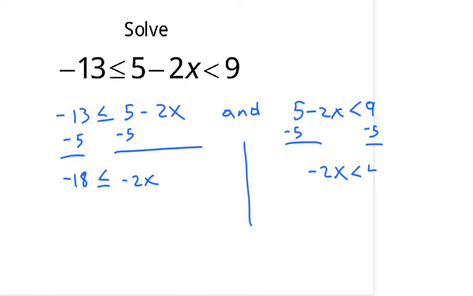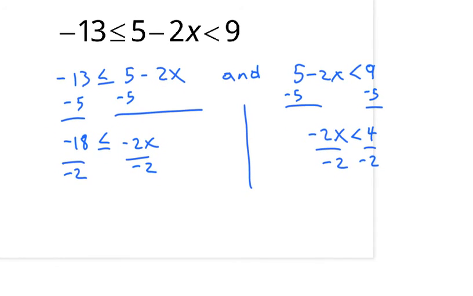Divide both sides of our inequality by negative 2. In either case, that's going to change our inequality sign. Remember, anytime we're multiplying or dividing by a negative, do not forget to write the inequality sign the opposite way. So now we have greater than or equal to instead. And so this is going to be positive 9 on that side, and x on that side.